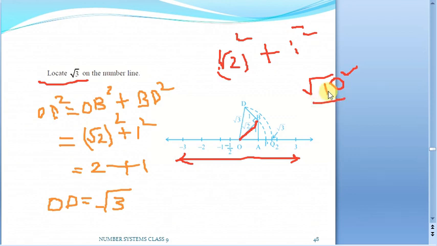We have to look for the combination of two numbers that will give you root 10 as a result. Here if you take root 2 and 1, we get root 3. To get root 10, what numbers will you take into consideration? Just try it out. We shall take one more example in this same part.